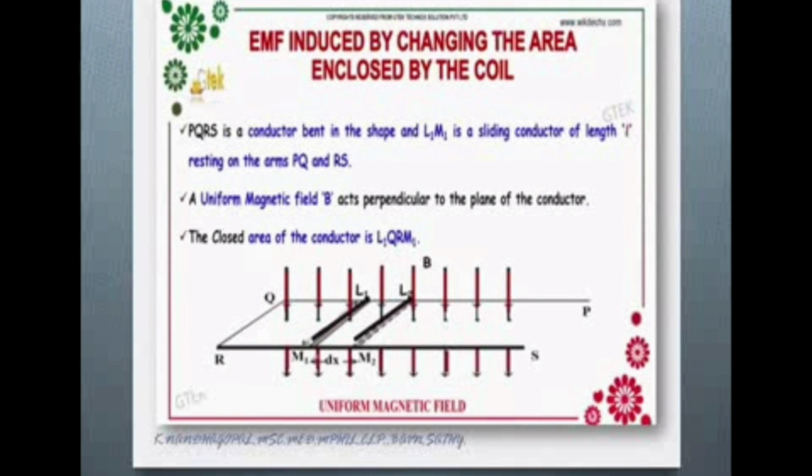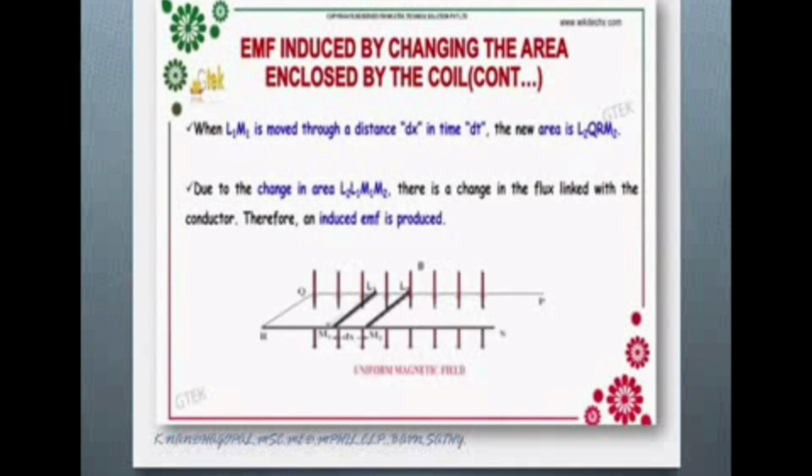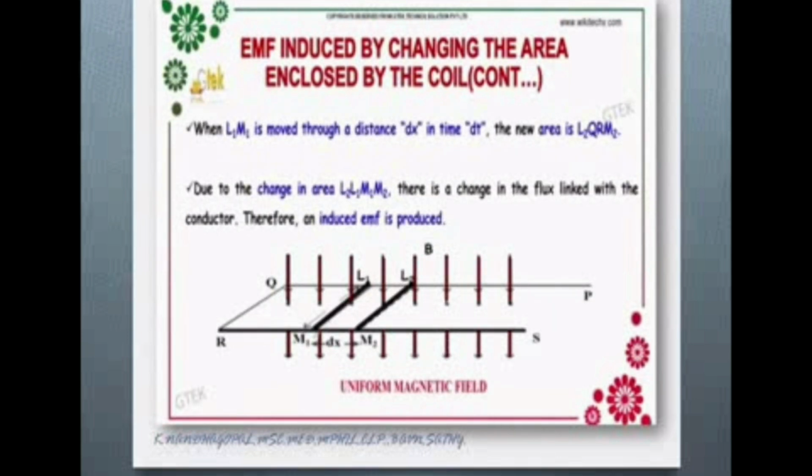What will happen is that the area changes while the magnetic field is there. The conductor moves a distance of dx. The initial closed surface area is RQ L1 M1, and the new one is RQ L2 M2. So we are increasing the area by moving the sliding conductor.